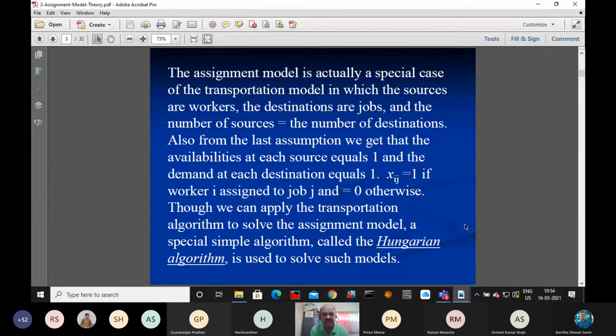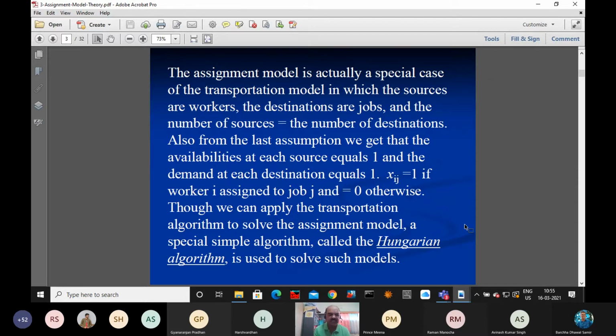Also, from the last assumption, the availability at each source is exactly equal to 1 unit, and the demand at each destination is also equal to 1 unit. The variable xij is equal to 1 if worker i is assigned to job j and equal to 0 otherwise. So xij is a binary type variable.